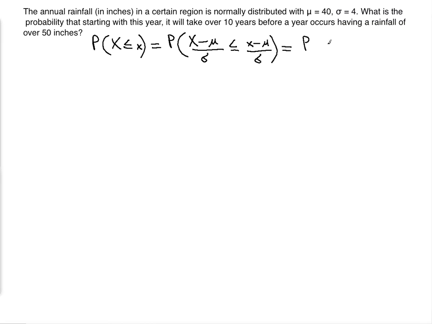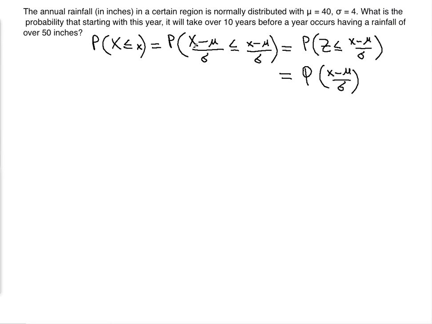That is equal to the probability of having Z less than or equal to (x minus mu) divided by sigma. The last step would be to calculate the phi of (x minus mu) divided by the sigma. Whatever this value is, you're going to use the normal table to find the probability, because the phi value will be the probability.